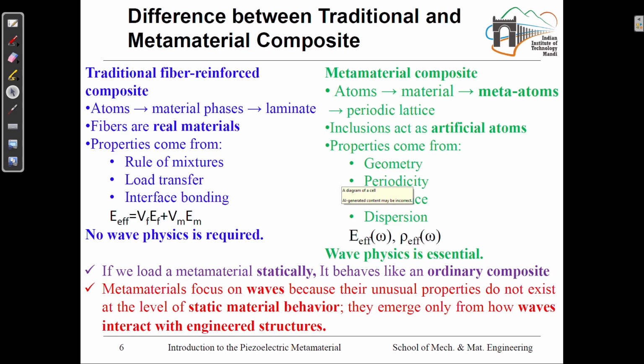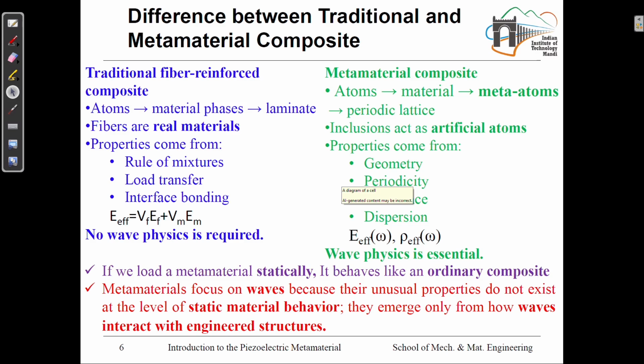So the difference between traditional and metamaterial composites: as I told you in the beginning, metamaterials are composites, but they have some differences from traditional composite materials.